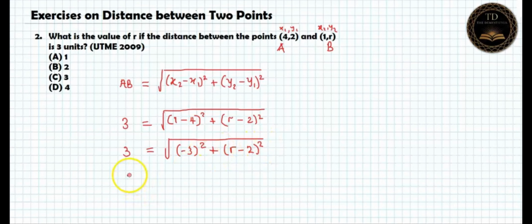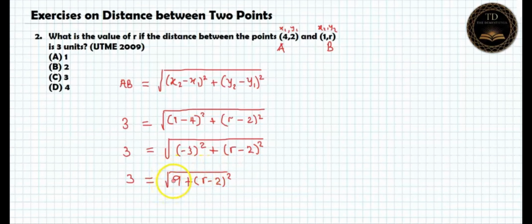Okay, and then our 3 is equal to the square root of, now minus 3 squared is 9, and then we have our r minus 2 all squared. Now at this point, we'll take off the square root. Okay, we'll look for a way to take off the square root.